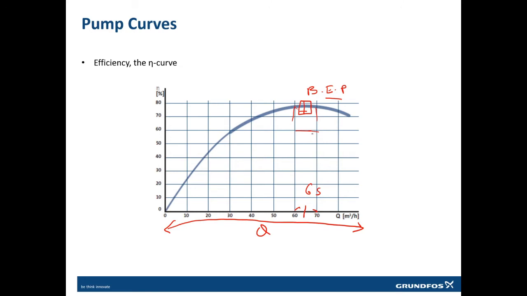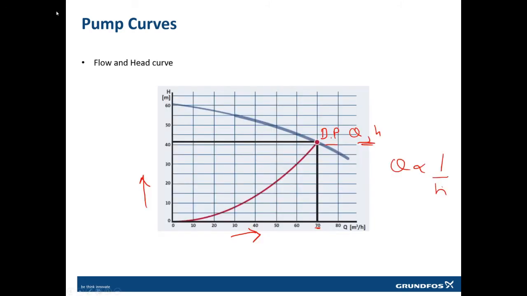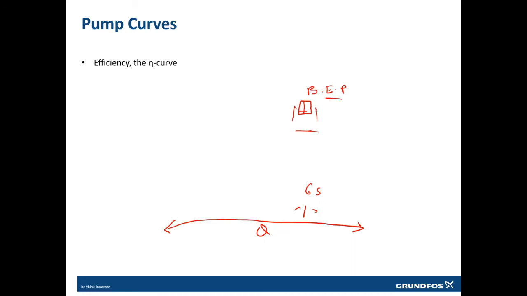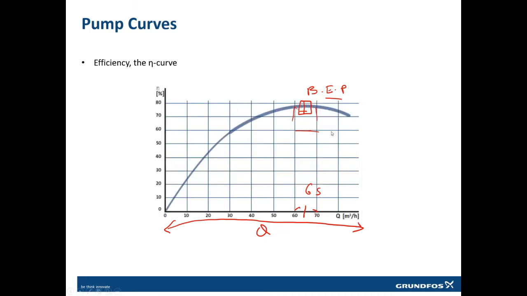So whenever you are purchasing or having a look at the pump curve, sometimes what people do, they say that the pump curve looks very nice, just based on the looks. No, this is not right. What you always have to see is where your best efficiency point is lying.